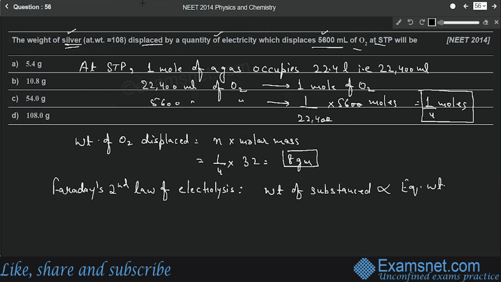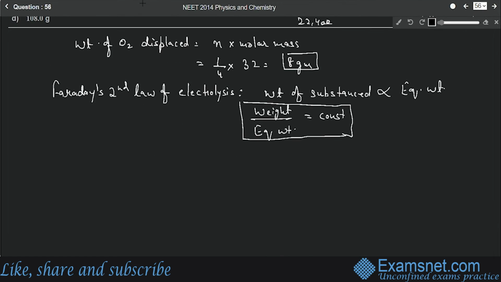That means the ratio of weight and equivalent weight is constant. So using this concept we can say that the weight of silver upon the equivalent weight of silver is equal to weight of oxygen upon equivalent weight of oxygen.